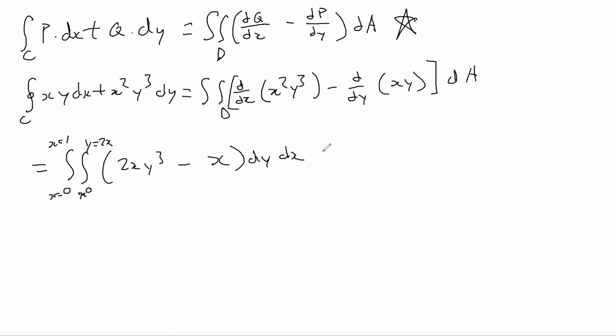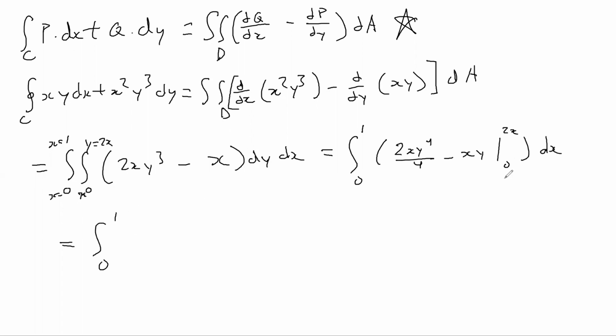All right, so now if you actually solve this double integral, we get the integral from 0 to 1 of 2xy to the power of 4 over 4 minus xy, from 0 to 2x, dx. Now that's going to simplify down to the integral from 0 to 1. The bottom part is just going to be 0.